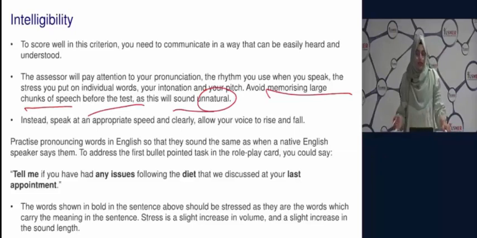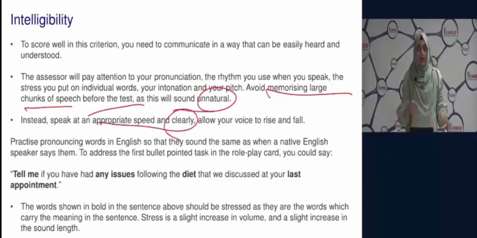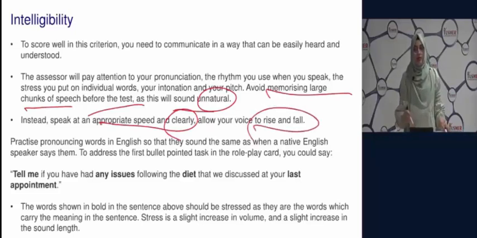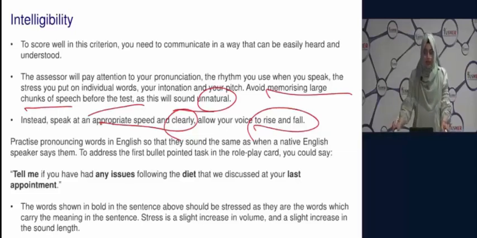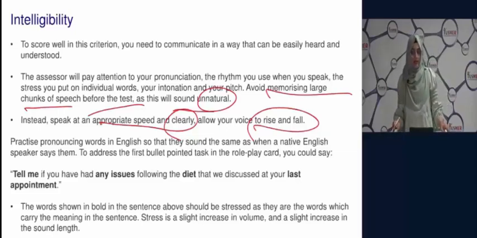Instead, speak at an appropriate speed and clearly, so be clear. Allow your voice to rise and fall, so when you reach a natural level of speaking in English, you automatically speak just like a native speaker. Your voice will rise and fall, and then you will be more calm, and you can speak in a calm nature and clearly. Practice pronouncing words in English so that they sound the same as when a native English speaker says them.